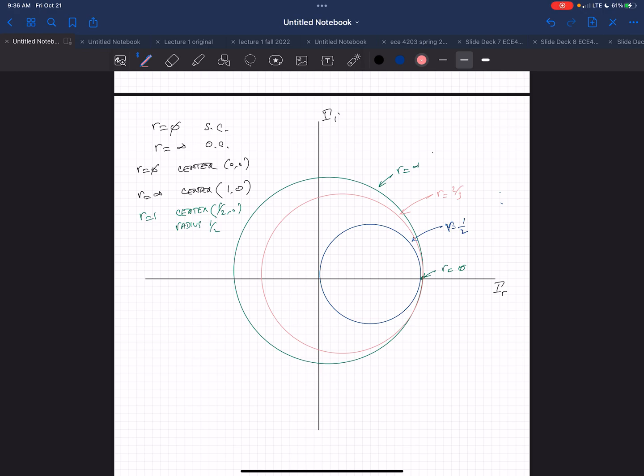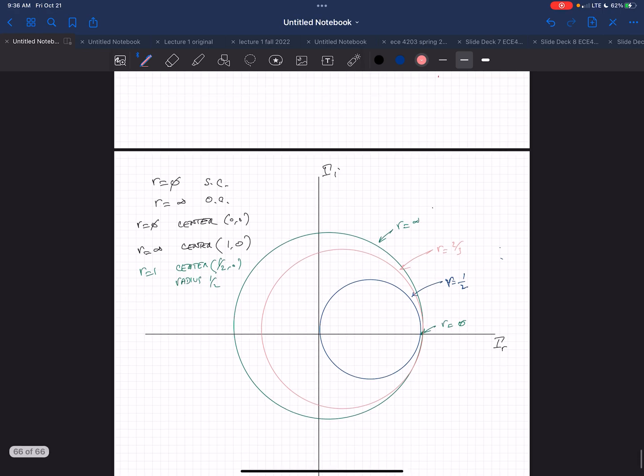As the imaginary part of impedance is changing, then we also end up with different circles. So as X is changing on the same plot, so X equal to 0, we end up with something whose center is at 1, infinity, and the radius is infinity.